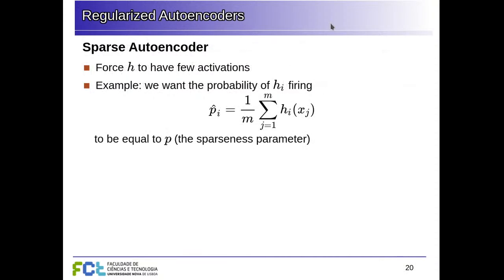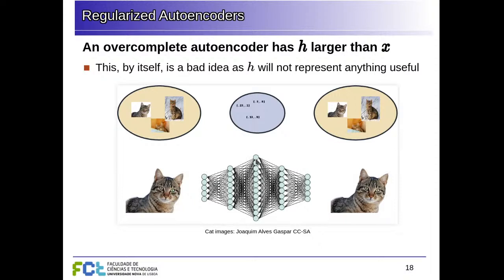I'm going to give some examples. This is one example, the sparse autoencoder, in which we are forcing the hidden layer with the latent representation to have a small number of activations for each example that we present. So the idea is that we have a lot of neurons here, but each time we present an example, we only want a few of them to be firing.